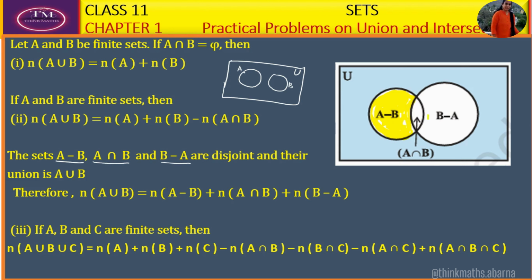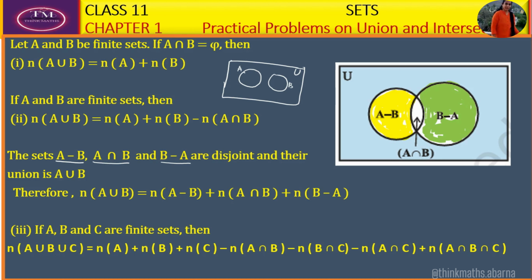What is B minus A? That is the elements of B but not in A. This portion is in A, so we should not include it. B minus A will be this portion. If you look at this, A minus B and B minus A don't have anything in common.